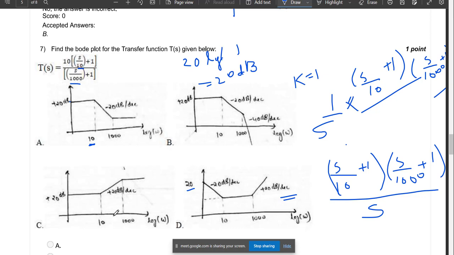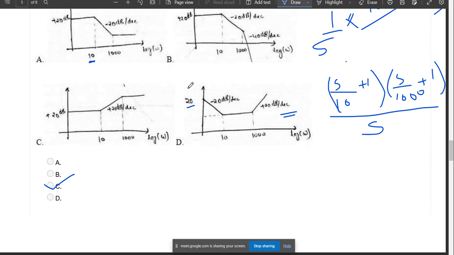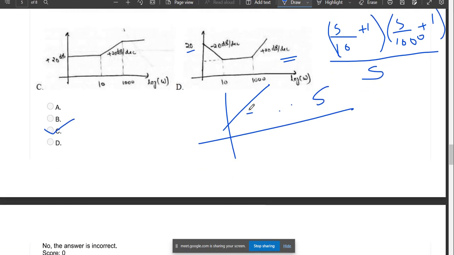Ma'am, if we solve the option D problem, what is the transfer function? Yes. See here, the starting is happening with a minus 20 slope only. If the starting is happening with the slope only, so the curve is something like this, then we'll say the transfer function is s if the slope is plus 20 and it's starting like this.